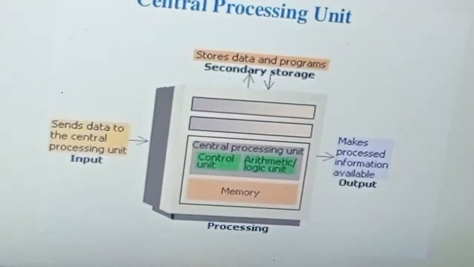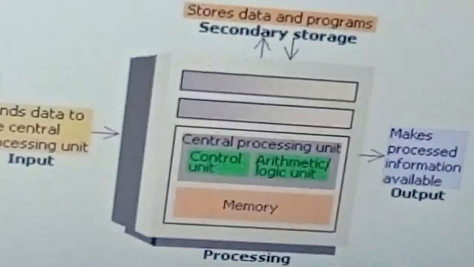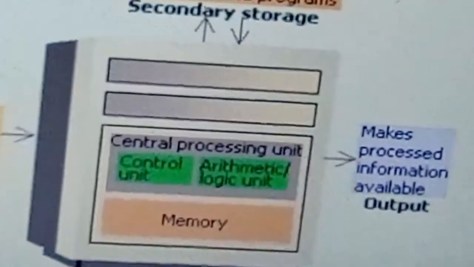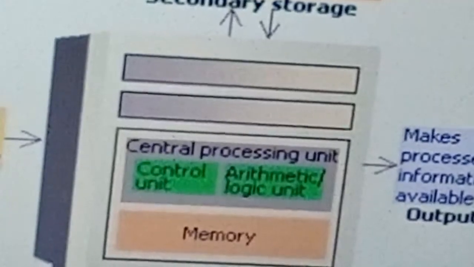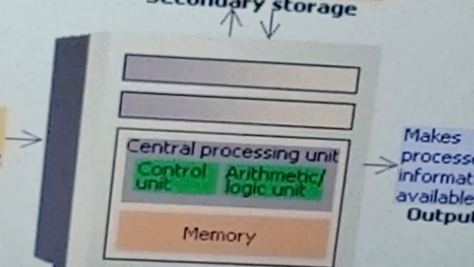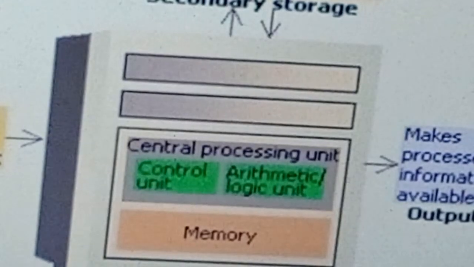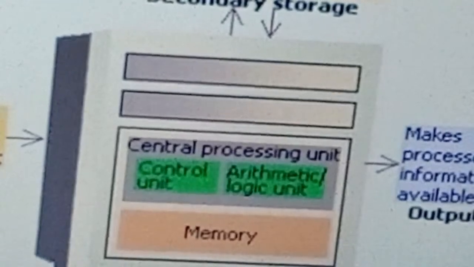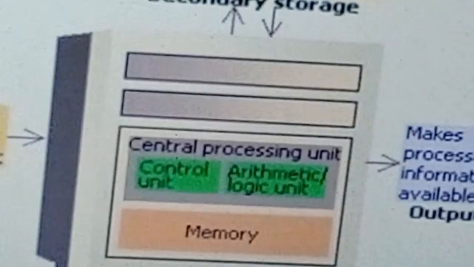Now coming to the memory. Here, there are two types of memory: primary memory and secondary memory. Memory is the brain of a computer, the storage space for data and information, just like our own memory.